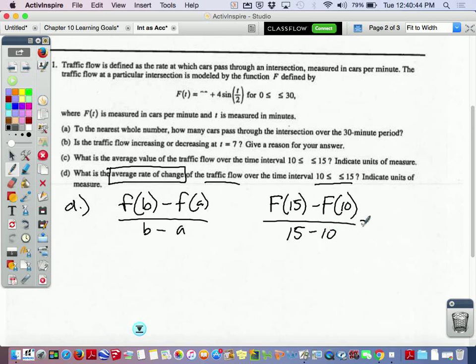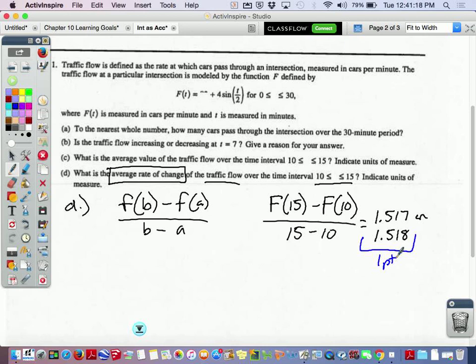The number we get from doing this is 1.517 or 1.518. This question is only worth a point, and the point is just from getting this answer. Now, like I said in the last question, you're going to get points for indicating your units of measure for both C and D. They both have to be right in order for you to get the point for the units.